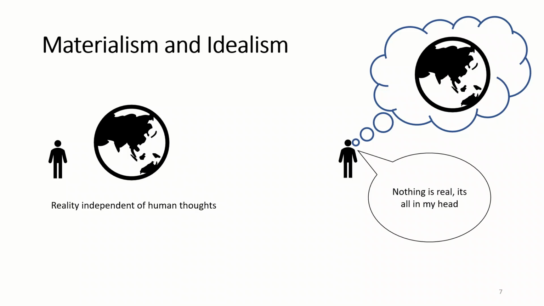Another thought is that nothing is real and everything is in my head, so whatever I think is due to that. These are two kinds of thoughts. The first one is materialism, and the second is idealism.